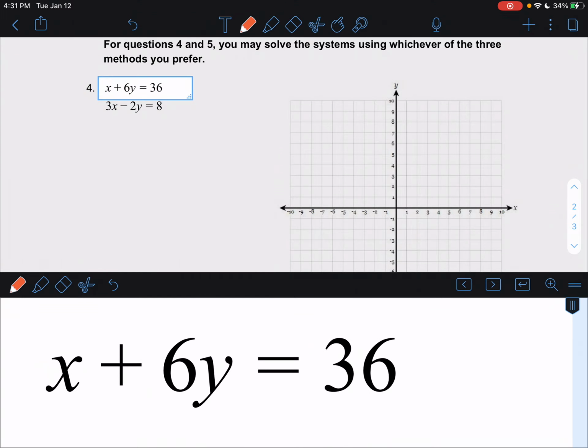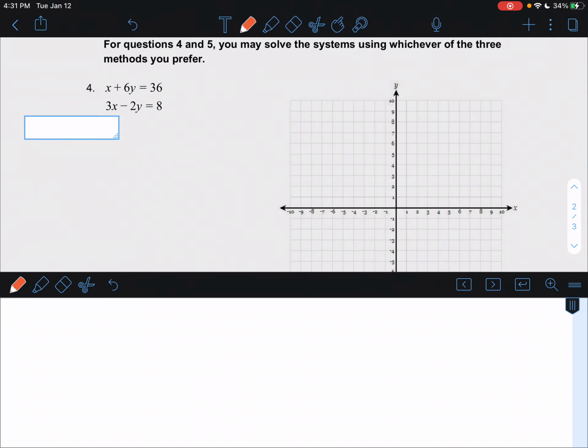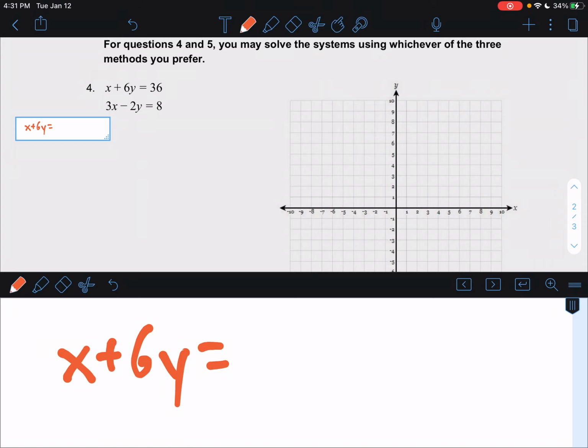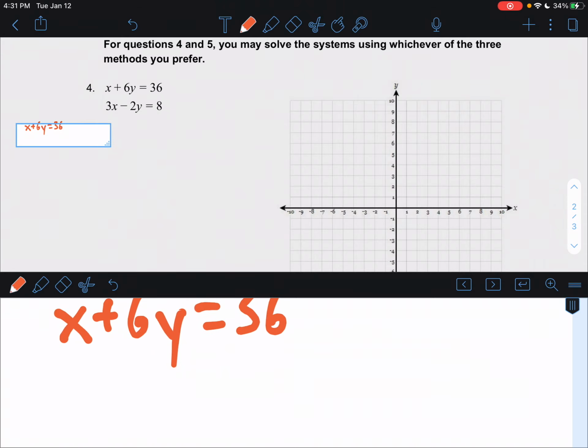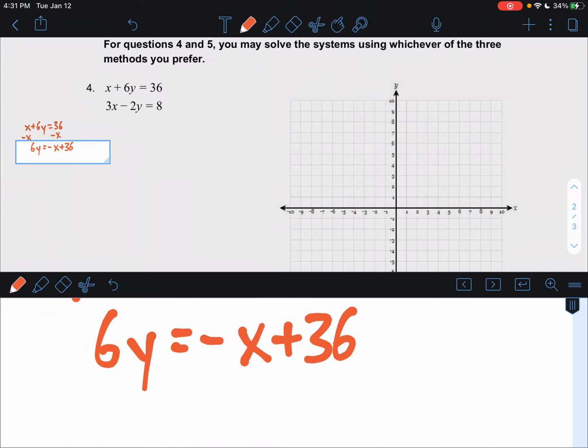So if I were to solve this by graphing, that means I have to get y all by itself. So let's see, this first equation, I have x plus 6y equals 36. Subtract x from both sides. So I have 6y equals -x plus 36.